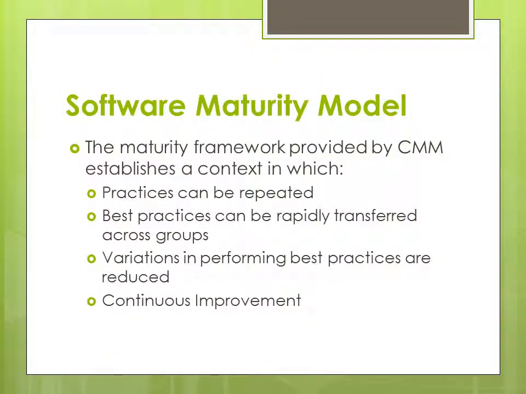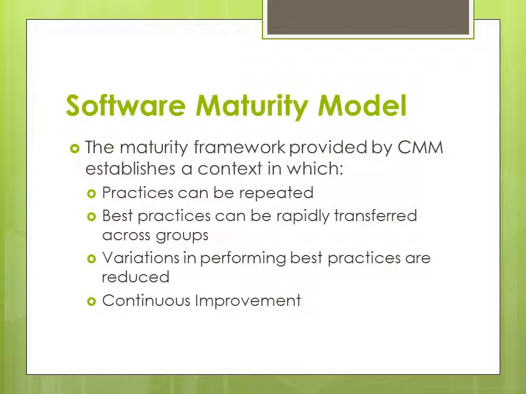The capability maturity model describes the principles and practices underlying software process maturity. It is intended to help software organizations improve the maturity of their software processes in terms of an evolutionary path. This path goes from ad hoc, chaotic processes towards mature, disciplined software processes.